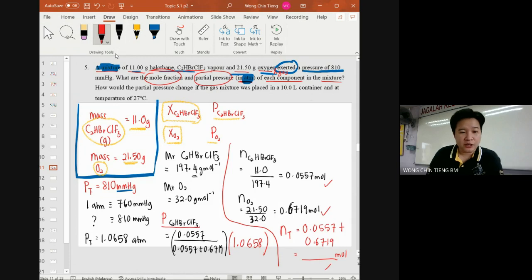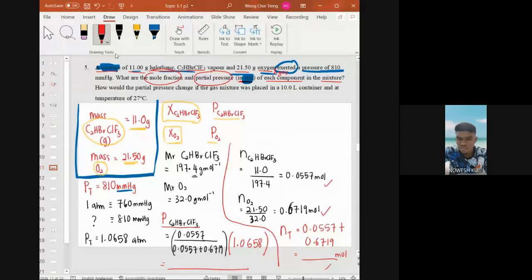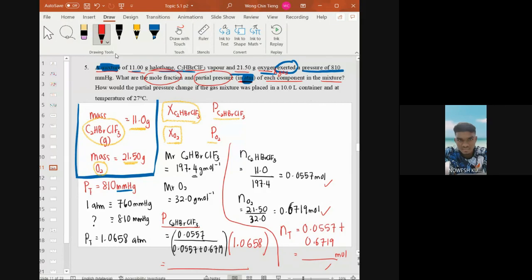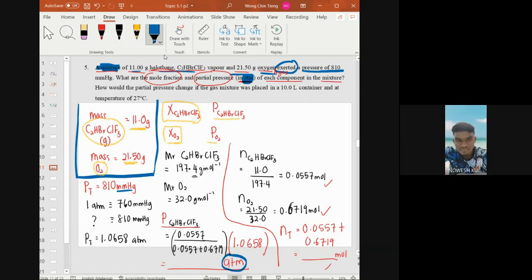So, the partial pressure of your C2HBrClF3 comes to how much? 0.0816 atm. The unit ATM over there is the one that I'm asking for. No, Wash, why ATM? The question asks for ATM.